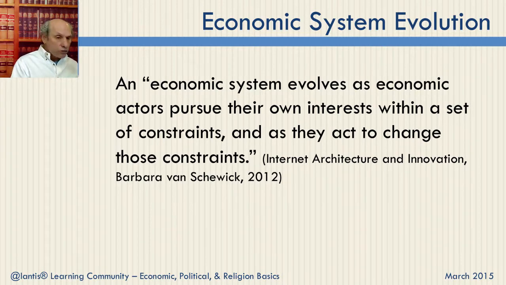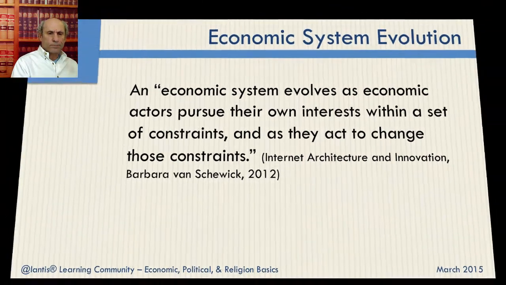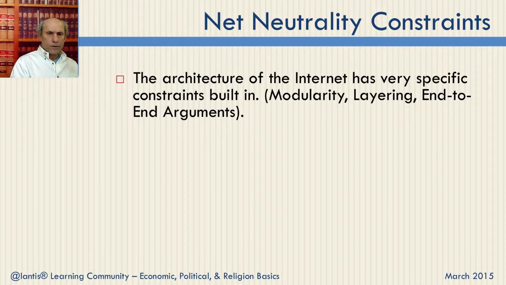People know their own interests more than anything else, so they're the best ones to pursue that. However, they pursue these interests within a set of constraints. And if those constraints do not fully satisfy the individual, they can act to change those constraints. And I'm going to talk a lot about this, but I think this is the key underlying driver for what we want to look at when we look at net neutrality.